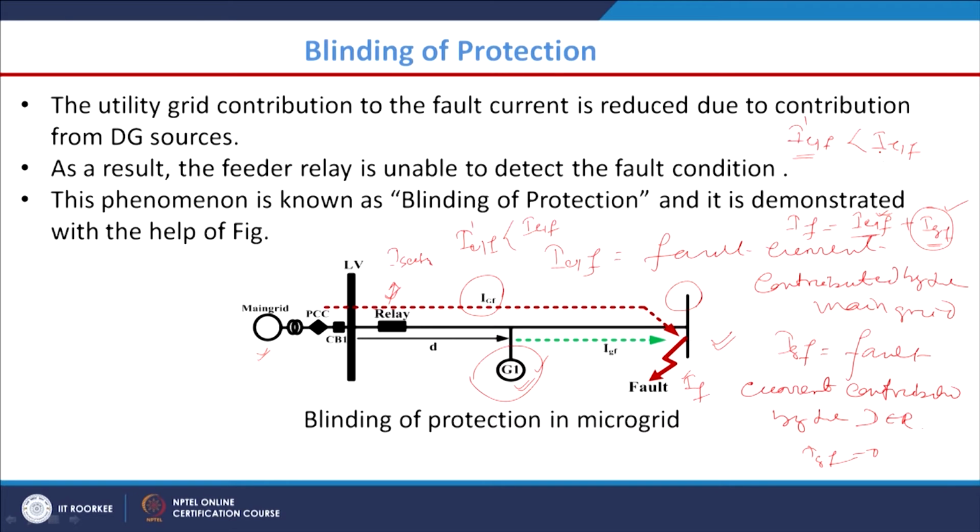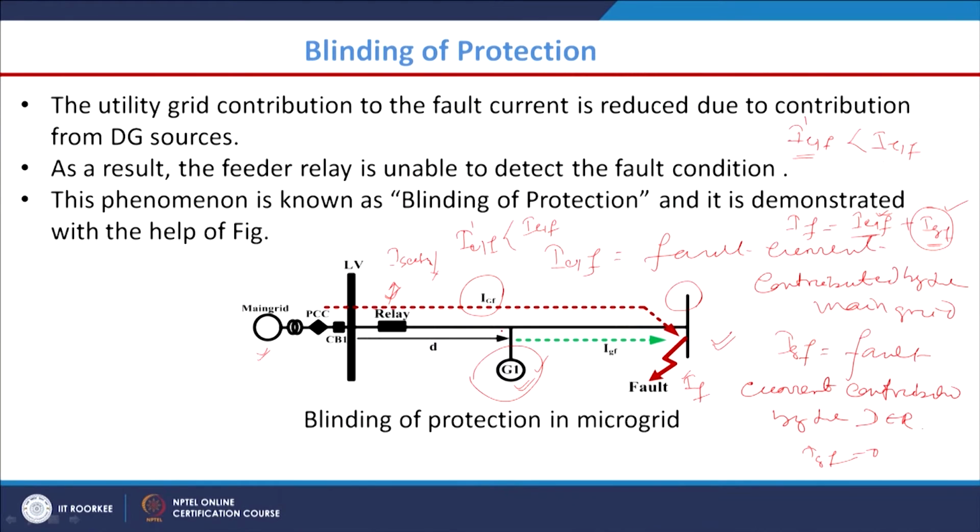If the current contributed by the grid side is decreasing due to the integration of the DG, the fault current may fall below the set value of the overcurrent relay, and then the relay is not going to respond. The relay is now blind; it cannot see the fault incepted in front of it. This property is known as blinding of protection.